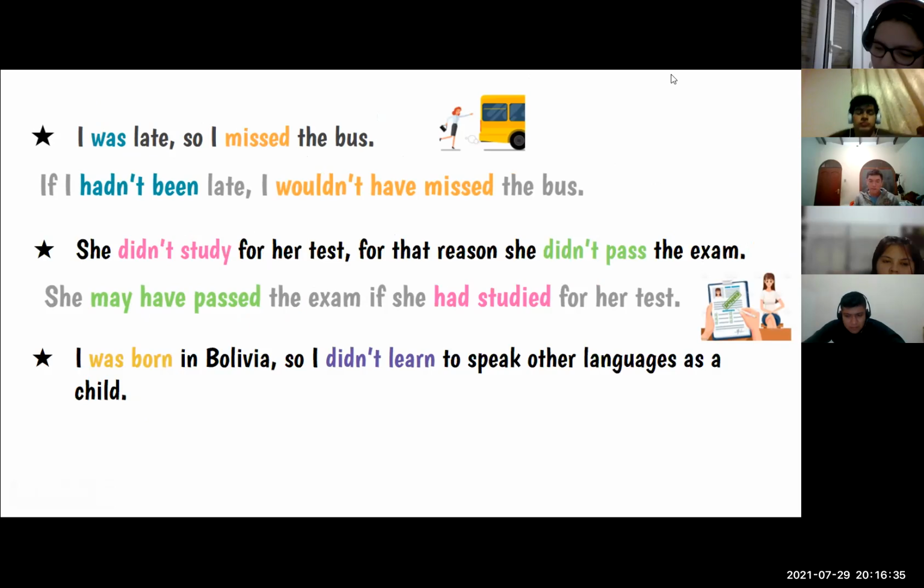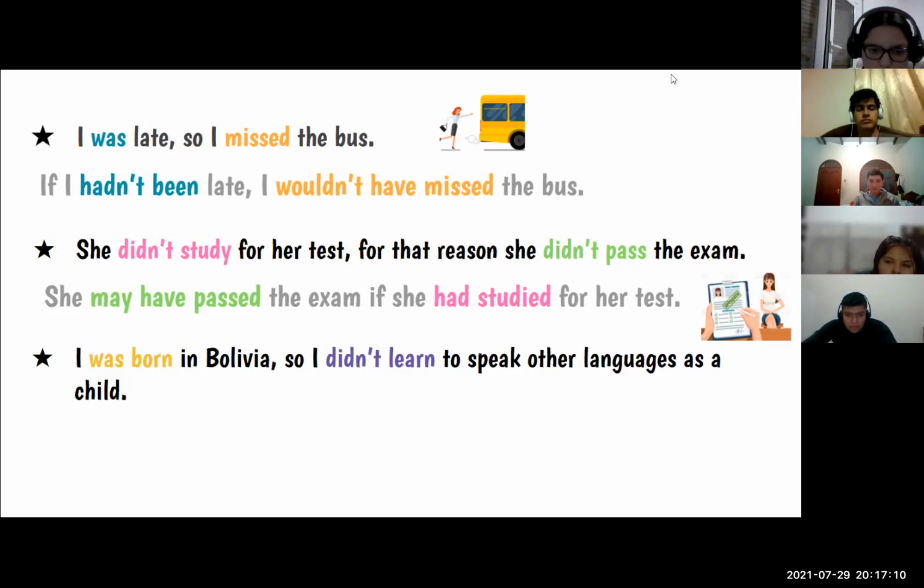What do you think? Describe it however you like, so it's easier for you to make the sentence. If, what could we say? If I hadn't been born in Bolivia, I would have learned to speak other languages as a child.